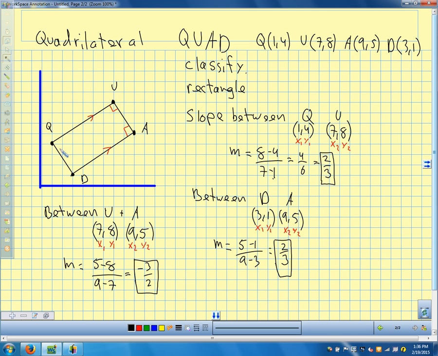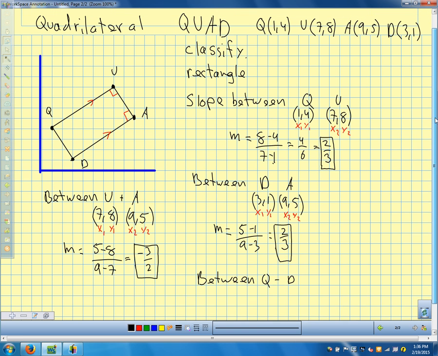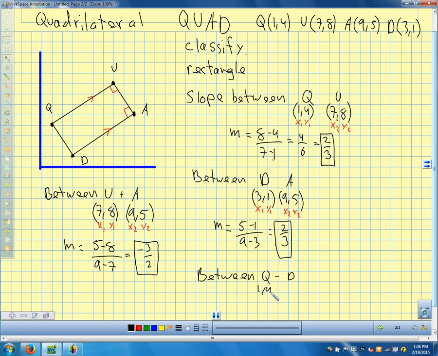And let's finish up by finding the slope between Q and D. So that's going to be the point 1,4 and the point 3,1.